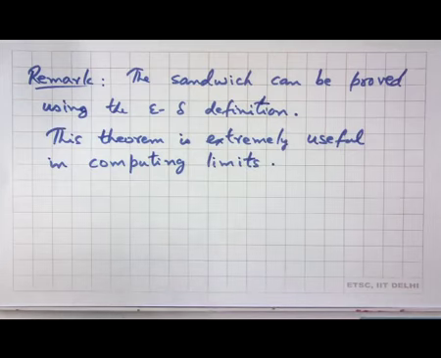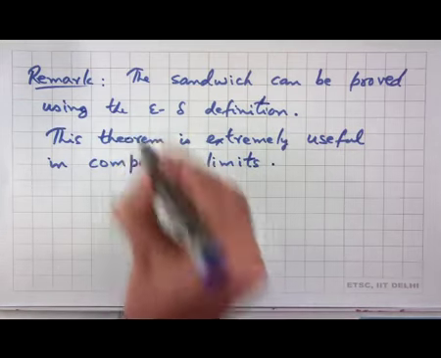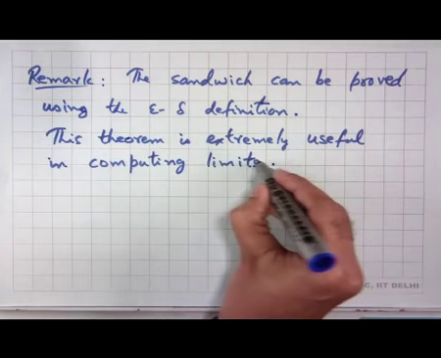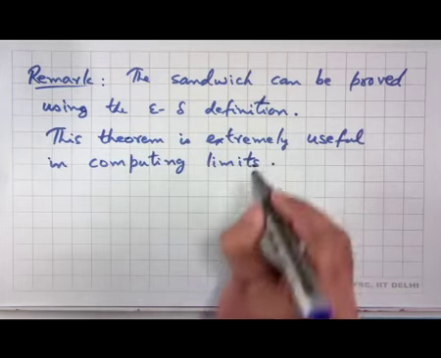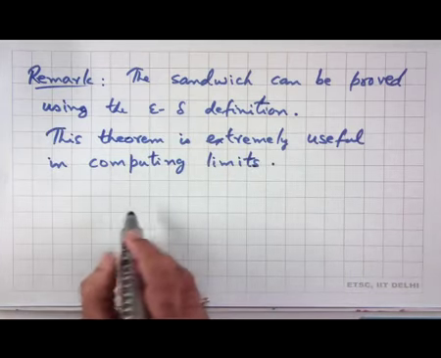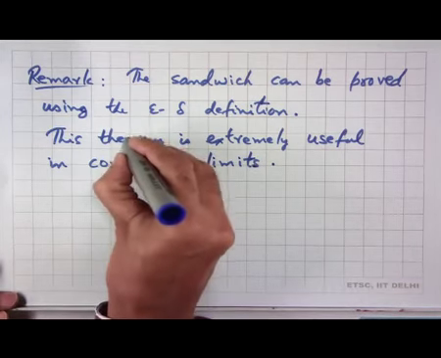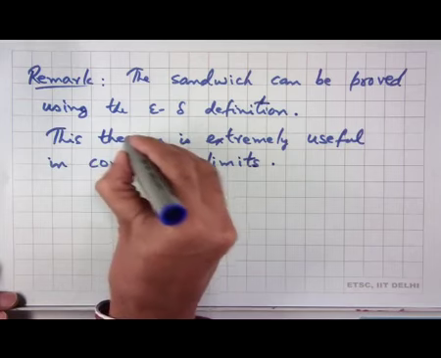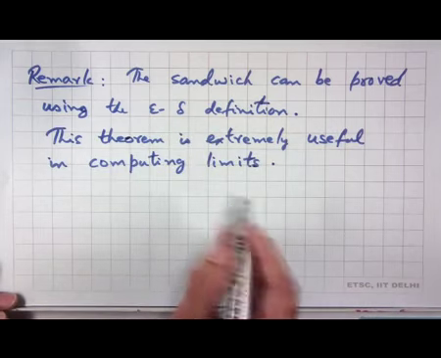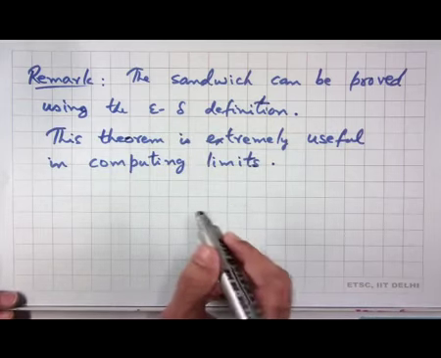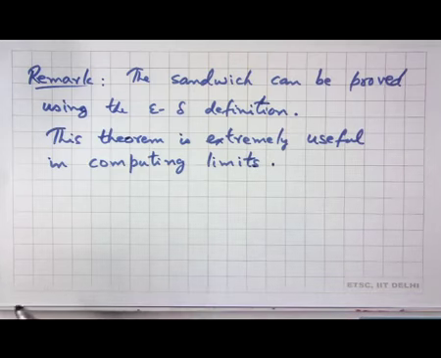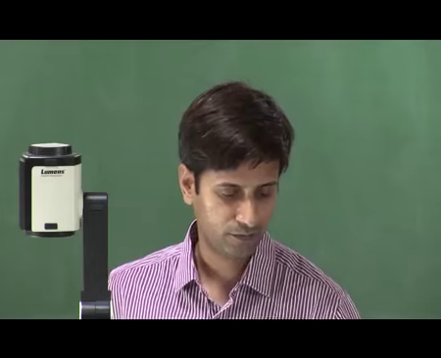Many times the function whose limit you want to calculate might be complicated, but if you can find a smaller function and a bigger function and you can easily calculate the limits, and if the limits are the same, then this function also has the same limit. So, we will see an important limit using this theorem.